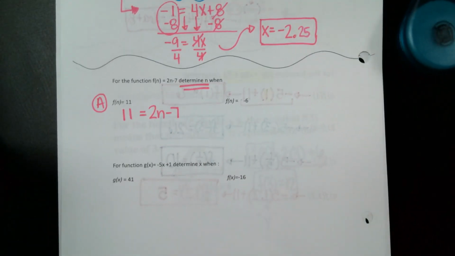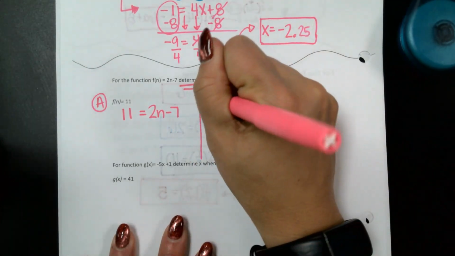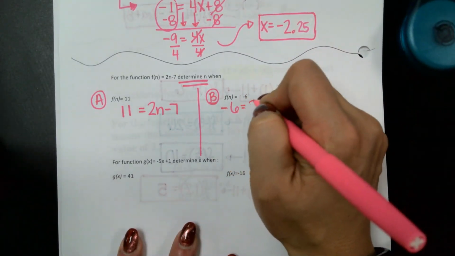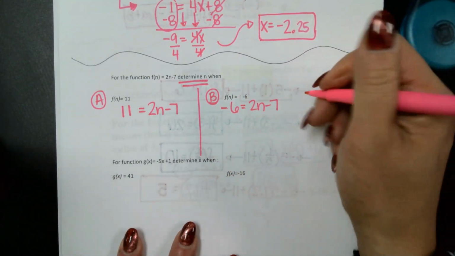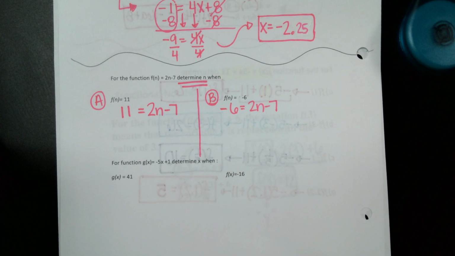I want you guys to go ahead and solve that. Go ahead and do that without me. I'm going to set up B also. They just gave you a different number to plug in. You've got two-step equations, and the 2 steps are the exact same.